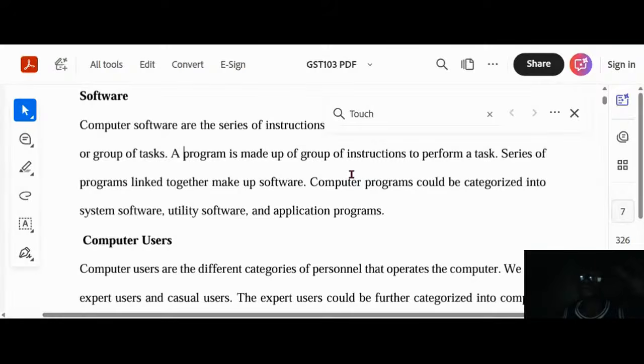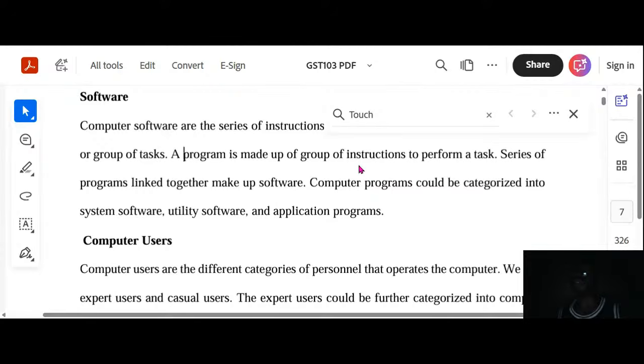Like when you went to computer village today to get a computer, you got a game package, the installation disk for a game. You got the one for Corel, you got the one for Photoshop, you got the one for a music player, you got the one for a DVD player, and all those things. All those things are called softwares.